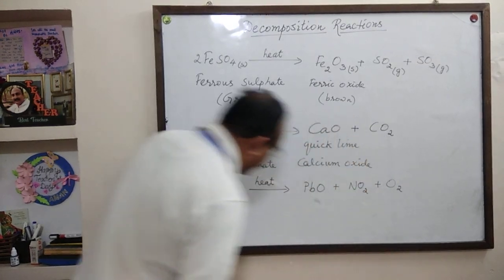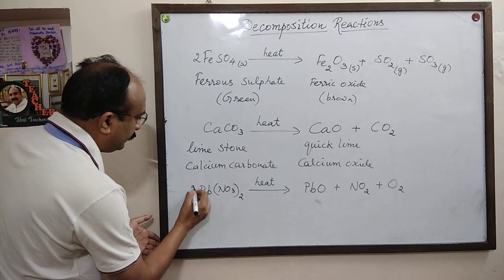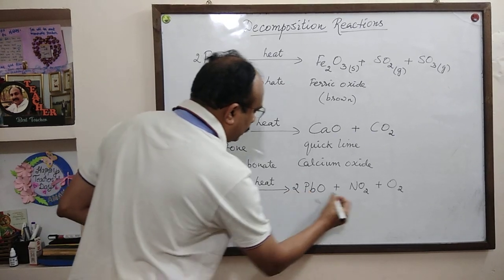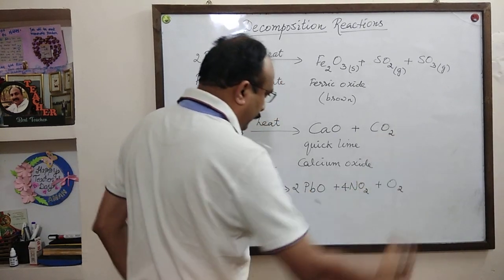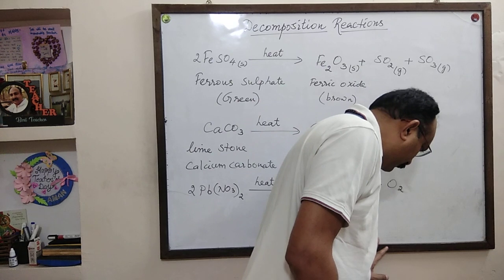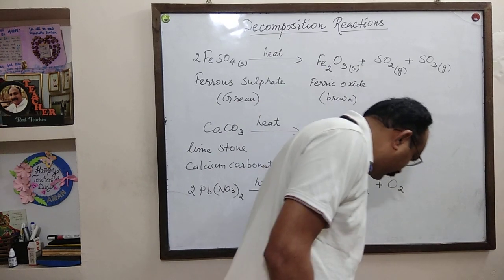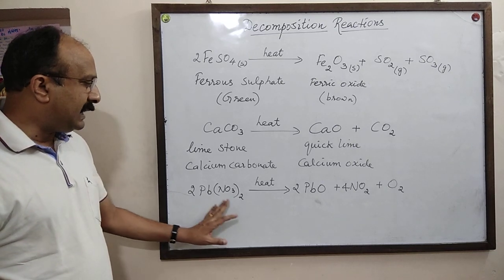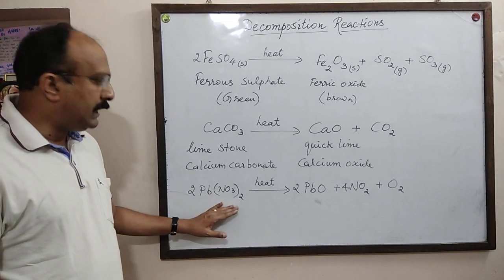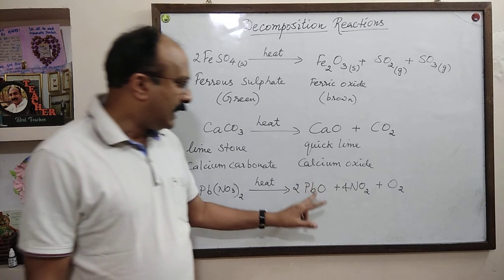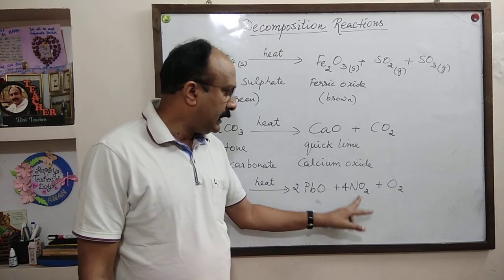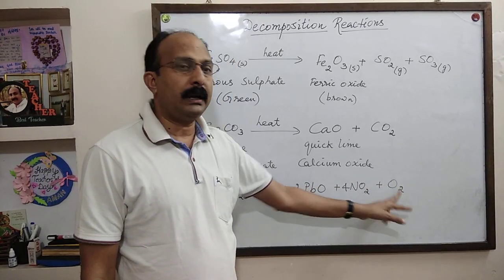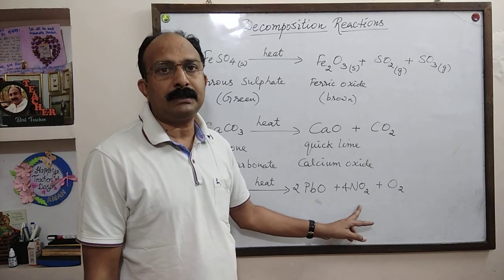Balancing, 2 Pb(NO3)2 gives 2 PbO plus 4 NO2 plus O2. So, on heating lead nitrate decomposes to lead oxide, NO2 gas and O2 gas. This is nitrogen dioxide.